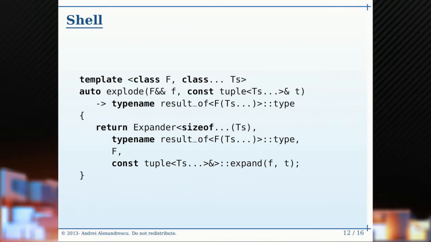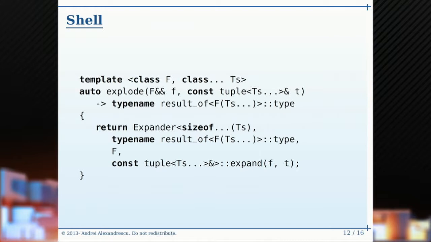This is the second ever useful use of sizeof.... I have return expander. I'm passing the whole size of the tuple as the initial counter. Remember, that's the k that I had. I'm starting at the last guy and I'm working my way back. And then I'm passing the type that would be returned by the function, which is nicely computed with std result of.